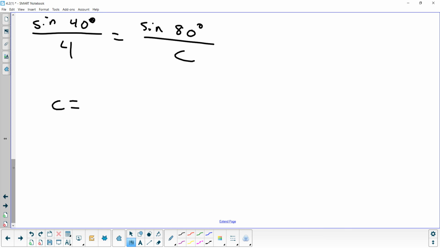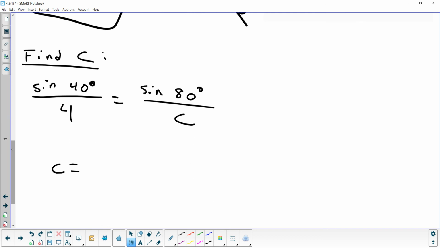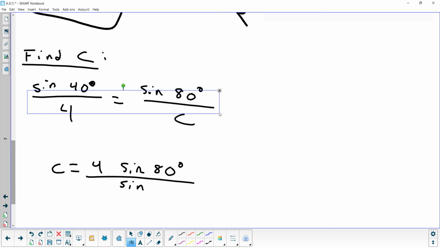What I usually do is cross multiply, but I do that part in my head. If you want to show out the cross multiplying like we did in the first problem every time, that's fine. But when I look at it, I say, okay, the answer is going to be 4 times sine 80, and then I'm going to have to divide by sine 40. So 4 sine 80 divided by sine 40.